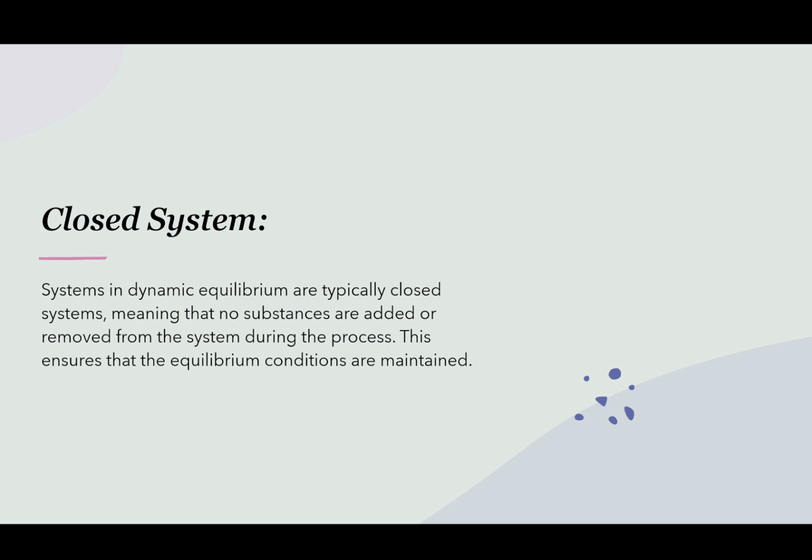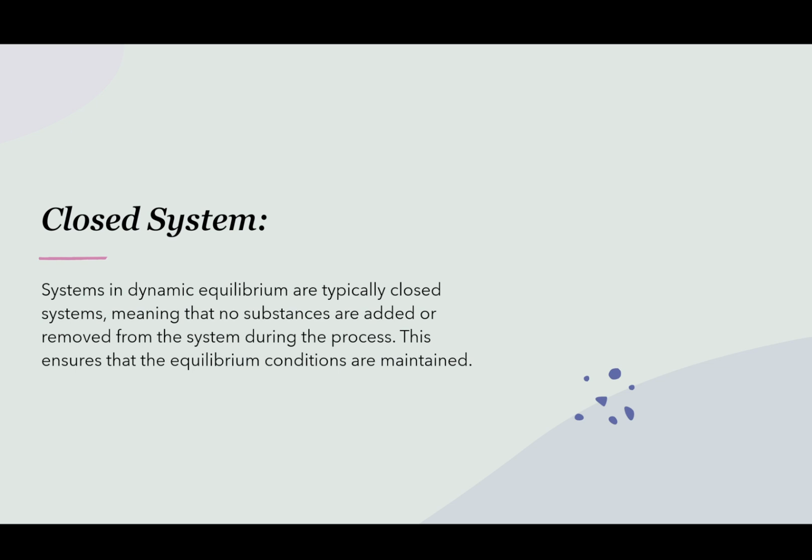If the system wasn't closed, why wouldn't dynamic equilibrium be established? That's a question. Sir, because you're having a loss of something from this system, would it be energy or I don't know? No. Energy can leave the system.